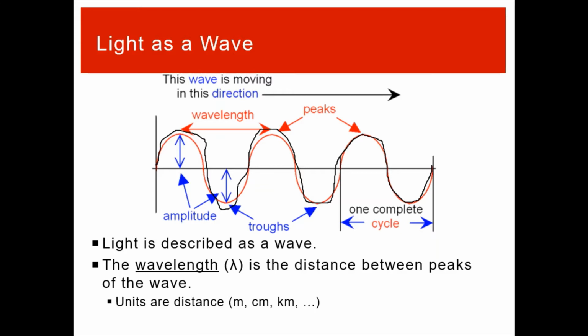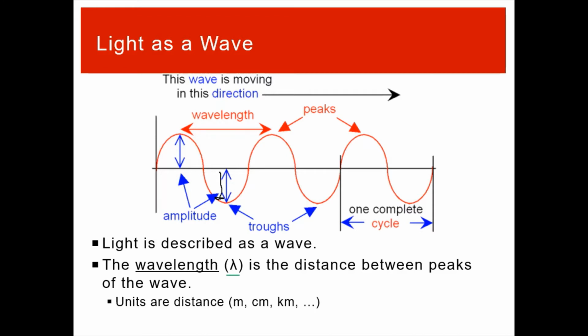And so for this given wave, since light is a wave, we can characterize it using a couple different things. We have amplitude, which we can see as the height of that wave, how big the wave is. We'll see that's not actually very important for light. What is more important is wavelength. The symbol for wavelength is lambda. This is a lambda right here.